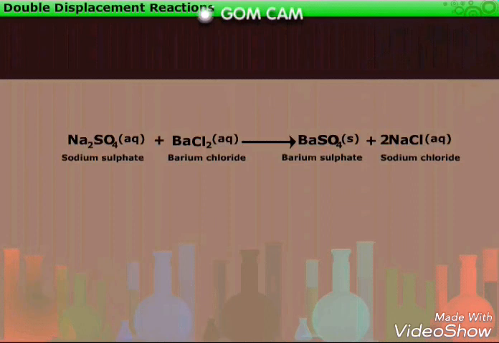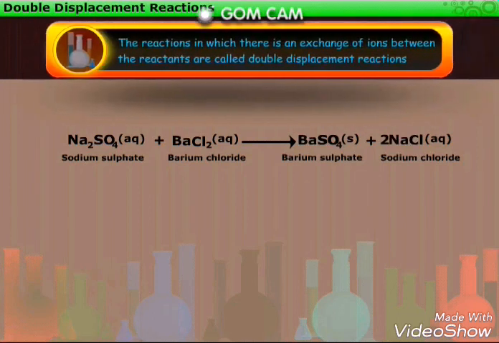The reaction, which takes place, is as follows. Here, barium ions react with sulfate ions to form barium sulfate, and sodium ions react with chloride ions to form sodium chloride.